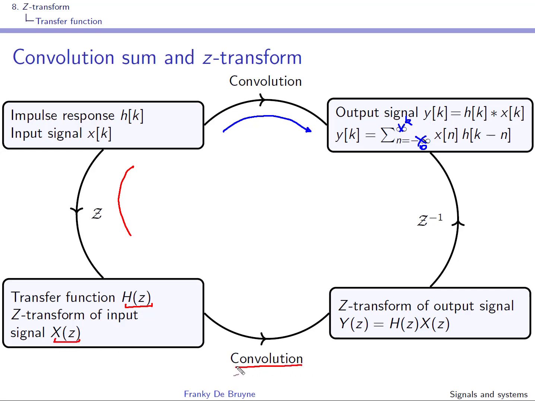Convolution is now simply a product, okay, so it's very easy to do. And to obtain y(k), what you need to do is the inverse Z transform, and we'll do this using an example a little bit later.